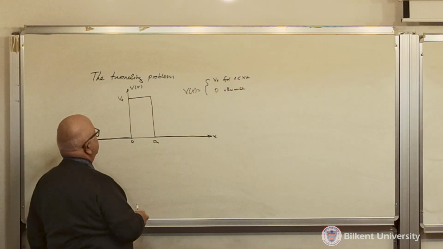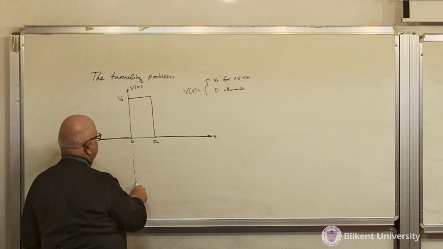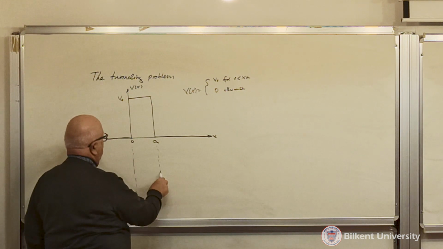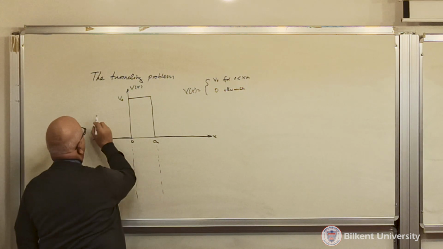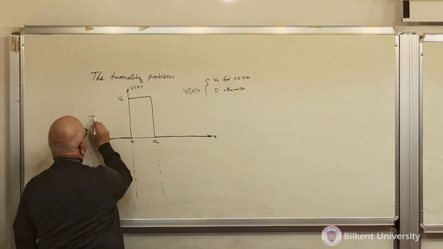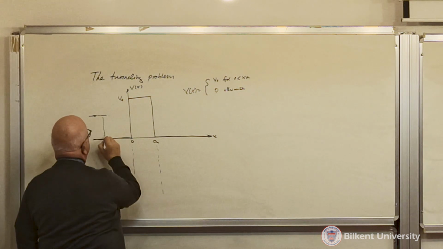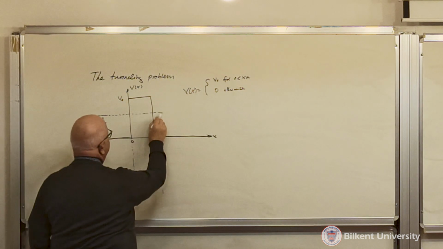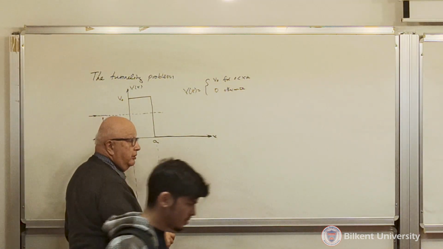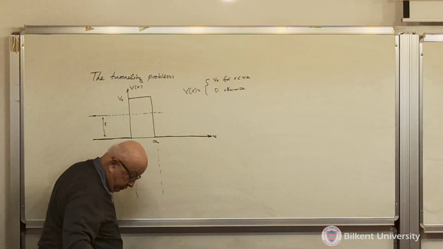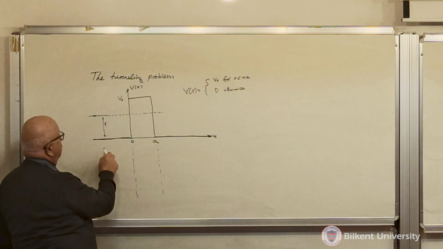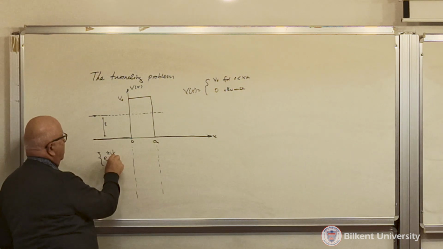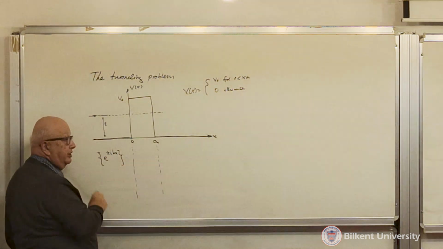All right, and we have various cases that we have to study depending on what the energy of the incident particle is. So if I have the energy of the incident particle coming in from minus x less than V0, then the type of solutions that I'm going to get here on the left is going to be e to the plus or minus ikx, linear combinations.